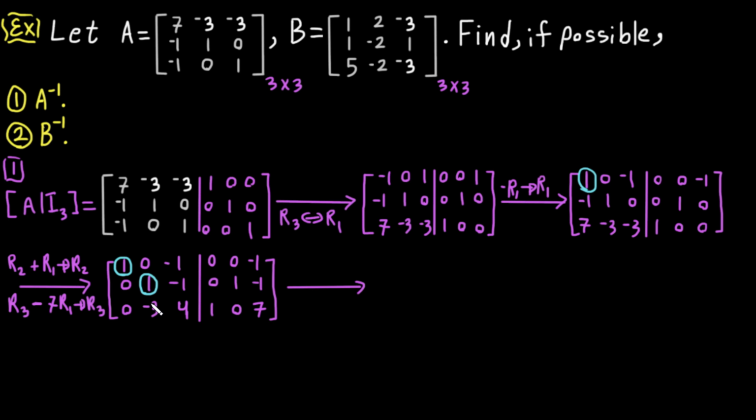To make it 0, we need -3 plus 3, so we multiply this row by 3: row 3 plus 3 times row 2 in row 3, because -3 plus 3 multiplied by 1 is 3, so -3 plus 3 will be 0.